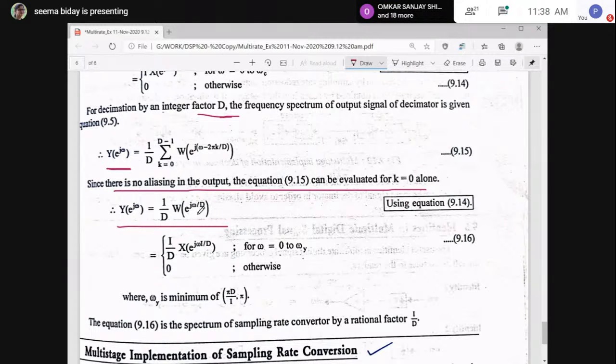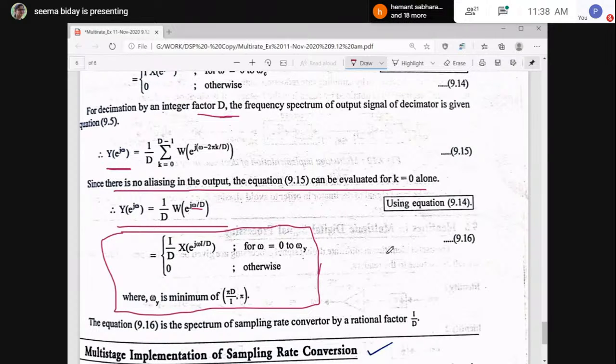In the interpolator, jω into I was there. Now here it is jω divided by D. So now the final answer is I by D times X(e^(jωI divided by D)). This is the final answer. This is the effect on spectrum. I hope you understood.